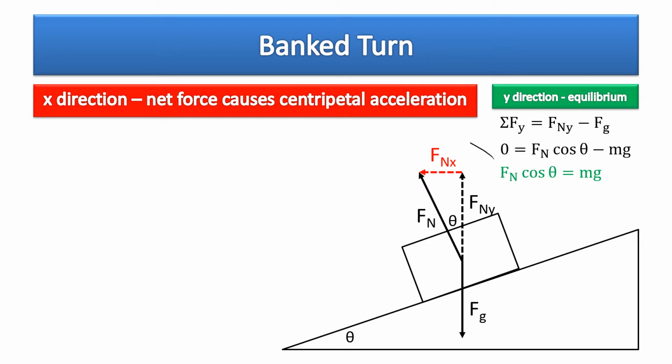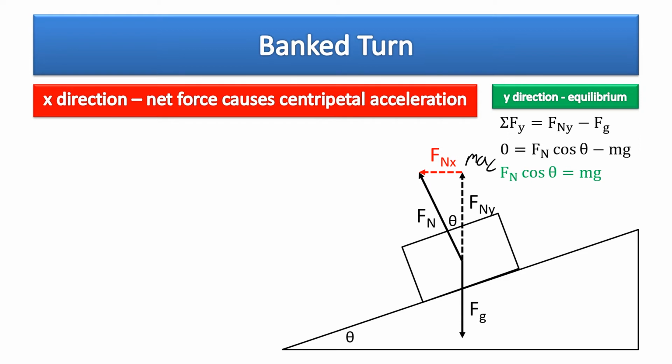There's no other force in the x direction, so it's definitely unbalanced. It's not in equilibrium, so the net force is going to be equal to ma. All right, but we're moving in a circle now, so it's equal to mac, the centripetal acceleration. So that's a little preview of the concept that we're doing.